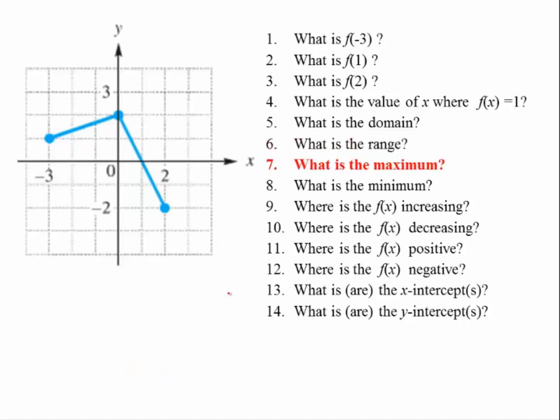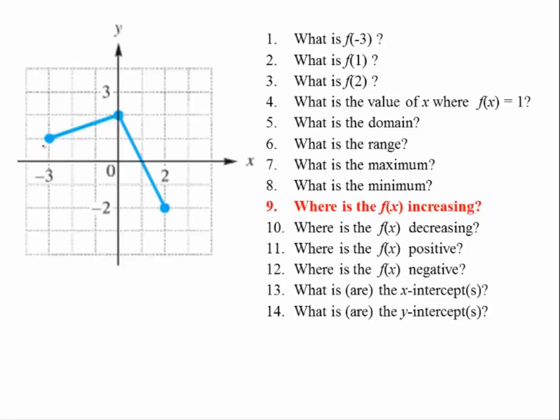What is the maximum? This question is saying what is the maximum y value for this function, and we see it's here. So the maximum value, f of x, equals 2. What is the minimum? The smallest value for y, we see that f of x equals negative 2. Where is f of x increasing?